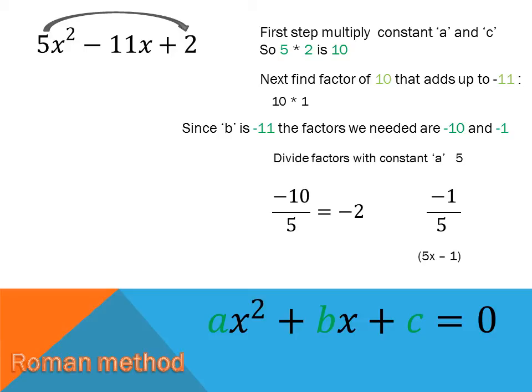You see the denominator 5 is written with 5x, and the numerator negative 1 is the next number, so 5x minus 1. With the negative 2x, the denominator really is 1. So negative 2 over 1 is the same thing as saying negative 2. So the answer to that one is x minus 2. Our final equation is 5x minus 1 and x minus 2. And you can see clearly where those numbers came from.